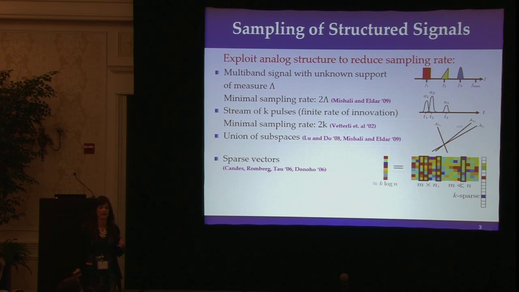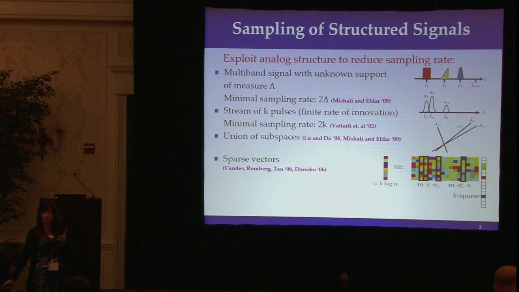Now, more recently, and particularly in the past decade or so, there's been a tremendous amount of work on exploiting structure in order to reduce sampling rates. There are many, many examples; these are just a subset. We've worked, for example, on the multiband model, and others have worked on this problem as well, where it's the same as the Landau problem, but we don't know the carrier frequencies, or the spectral support. In this case, the price to pay is a factor of 2, so the minimal sampling rate is twice the Landau rate.